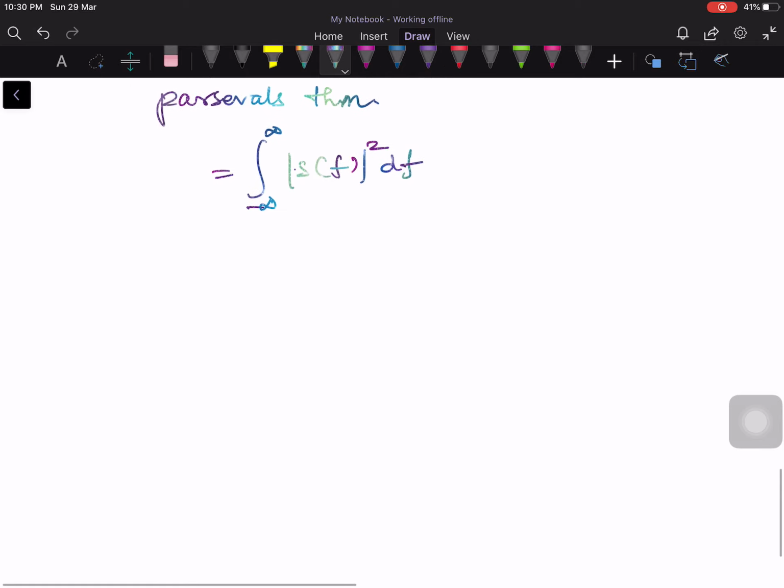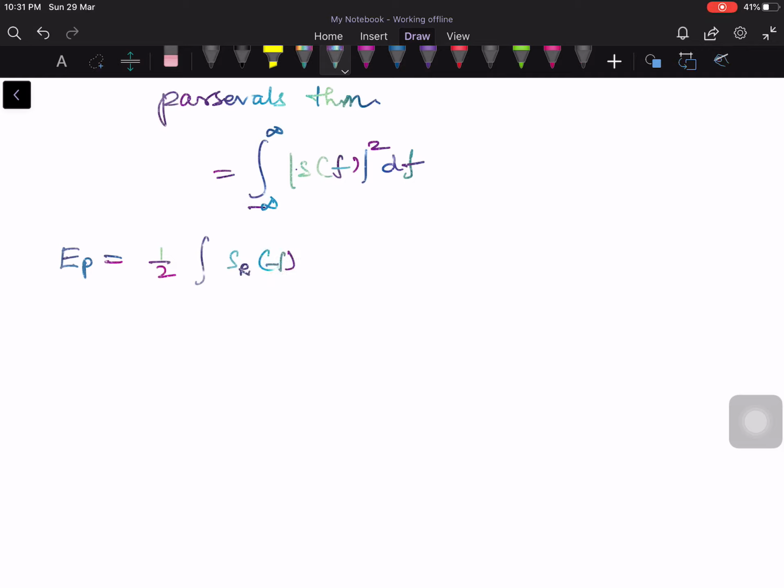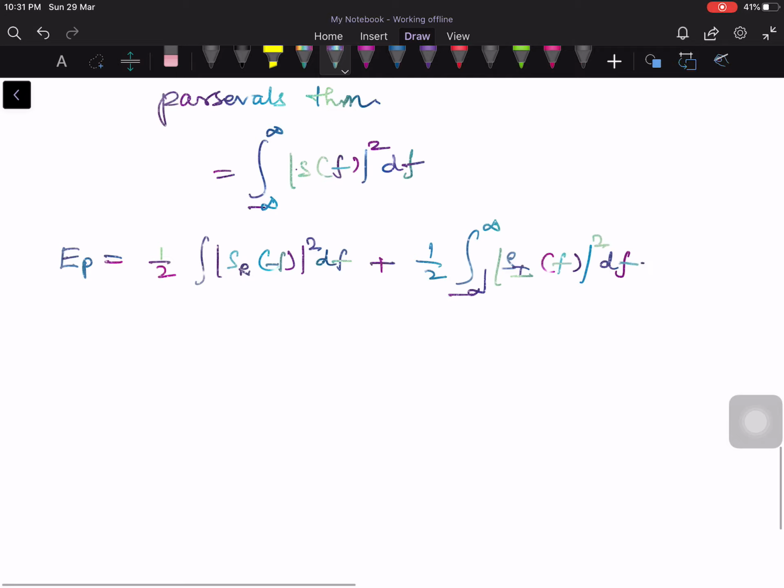Therefore, energy E_P is equal to either the time domain expression or the frequency domain expression, and this will be equal to 1 by 2 times the integral of the magnitude square of S_R of f times df, plus 1 by 2 times the integral from minus infinity to plus infinity of the magnitude square of S_I of f times df. Let me call this equation number 3.